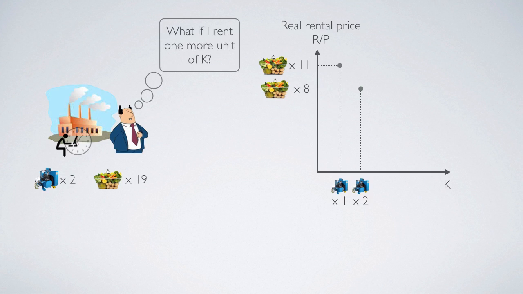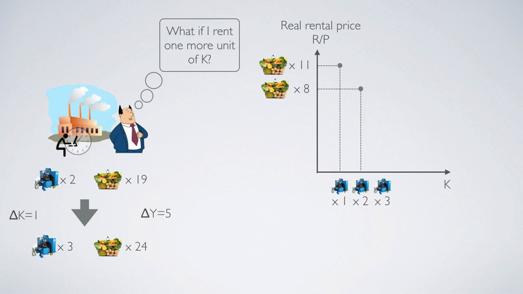The boss will continue to ask the same question again. Based on the production technology, he knows that owning or hiring 3 machines, he is going to produce 24 units of output. So this extra unit of capital, the third unit he hired, actually brings him an additional 5 units of goods.